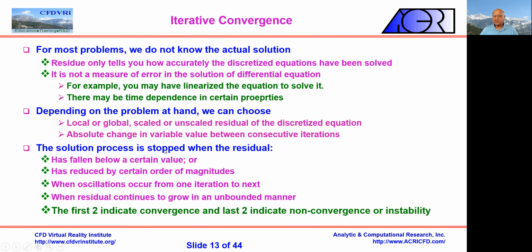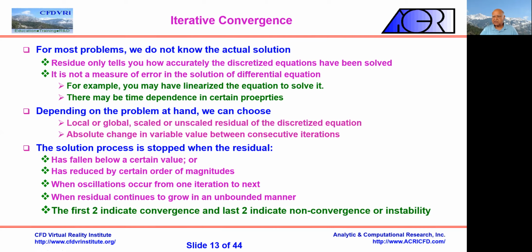The solution is typically stopped when the residual has either fallen below a certain value, however you define it, or it has reduced by a certain order of magnitude, typically about 10 to the minus 6, or 10 to the minus 8, which is considered good enough for convergence. But it may also need to be stopped if there are oscillations that don't die and keep occurring for a long time, okay?